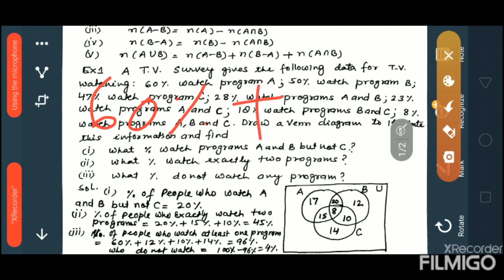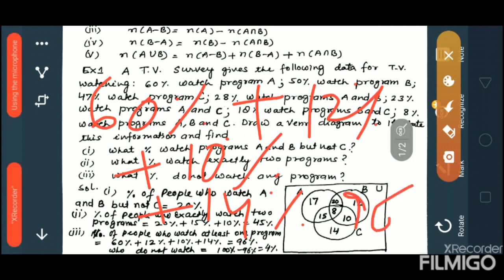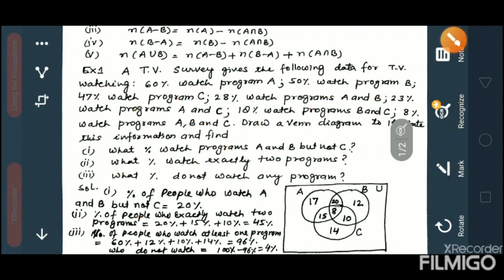Now plus the others, 12% plus 10% plus 14%. Total is equal to 96%. Total people who watch at least 1 program is 96%.